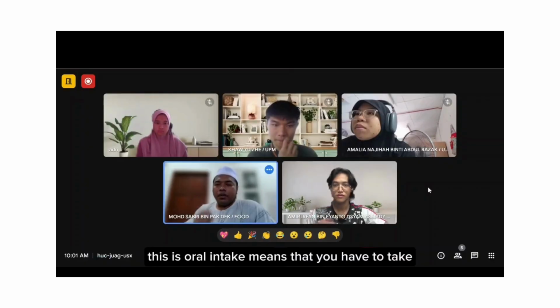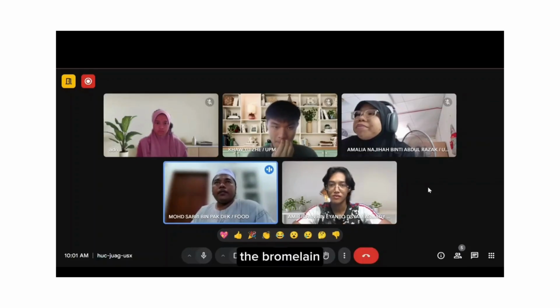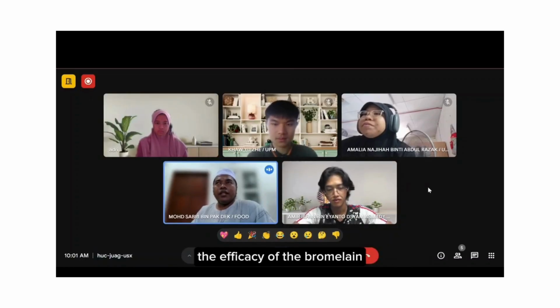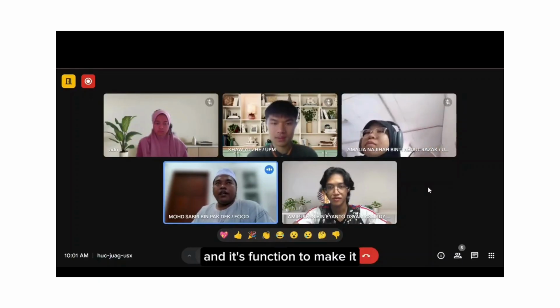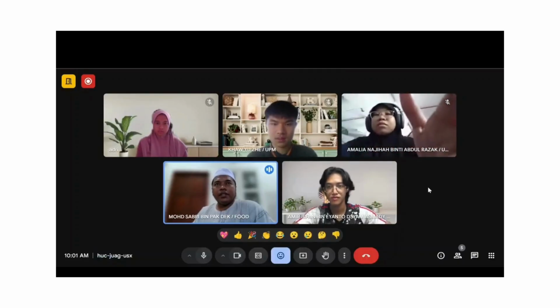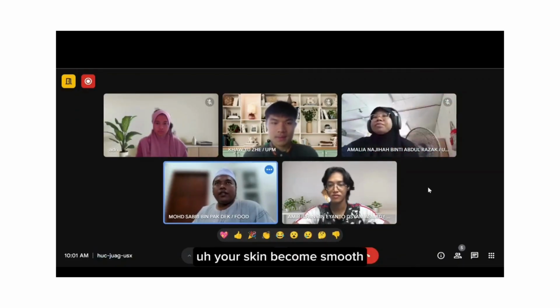This is oral intake, which means that you have to take the bromelain orally. It combines with vitamin C to improve the efficacy of the bromelain and its function to make your skin become fair, your skin become smooth, you don't have the wrinkles.